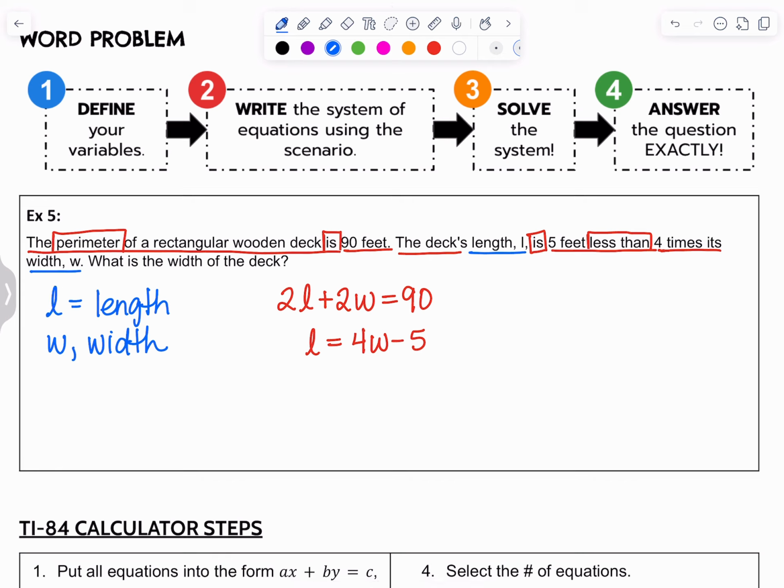So now if I look at these 2 equations here, substitution is the friendlier method. So I'm going to solve by substitution. So I am going to substitute in 4W minus 5 for L. So this is going to give me 2 times 4W minus 5 plus 2W is equal to 90.